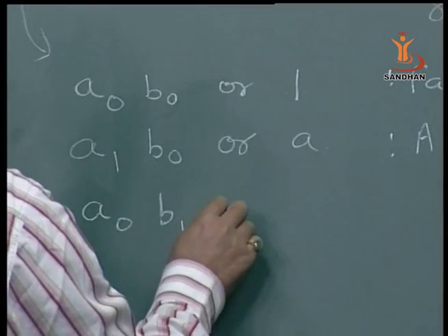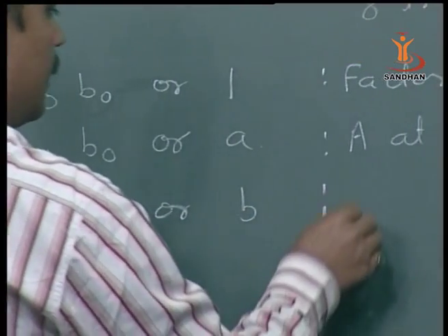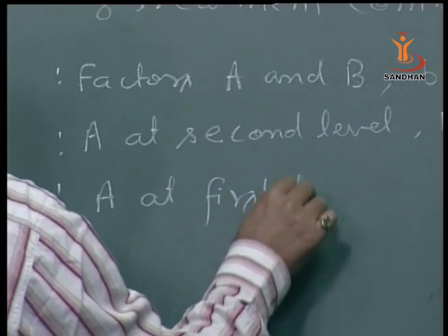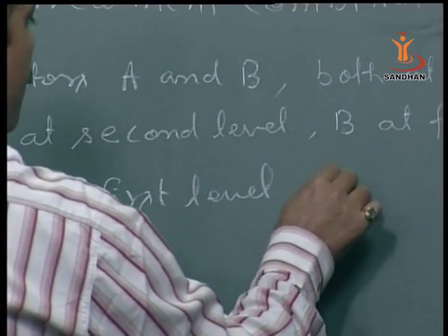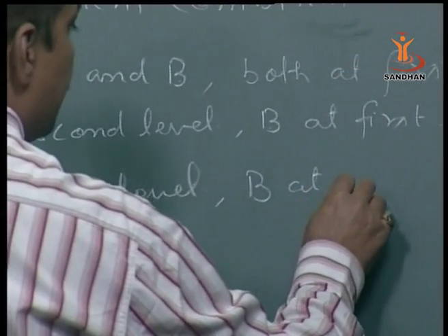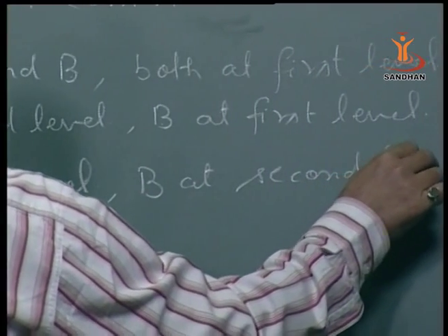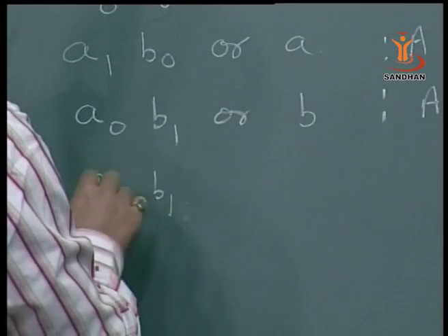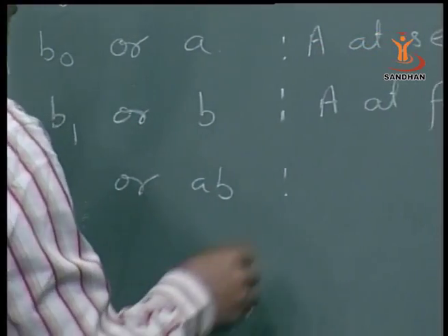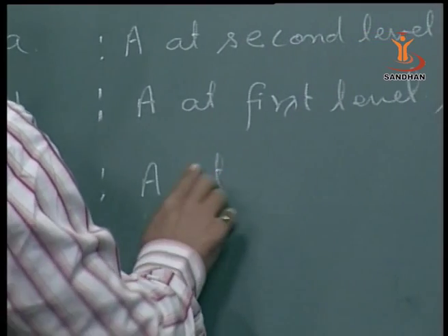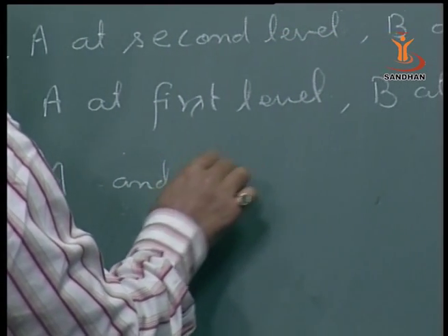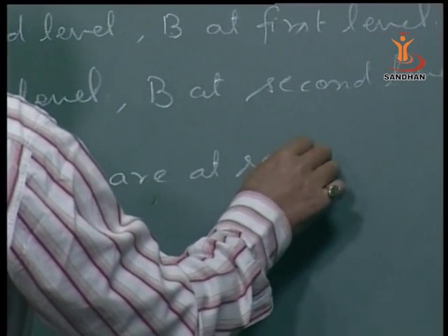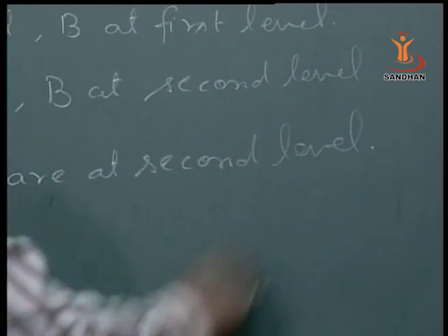A naught B1, or simply B, that is factor A at first level, B at second level. We generally take A1 B1, or we simply write AB. This is an indication that A and B both are at second level.